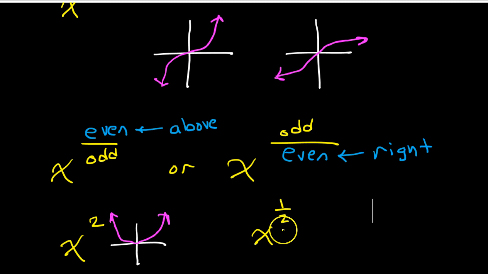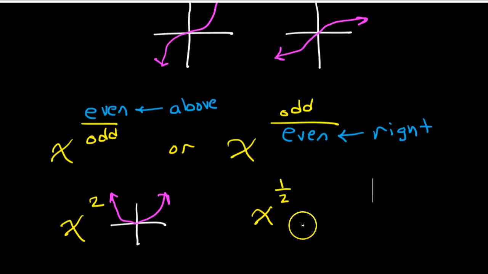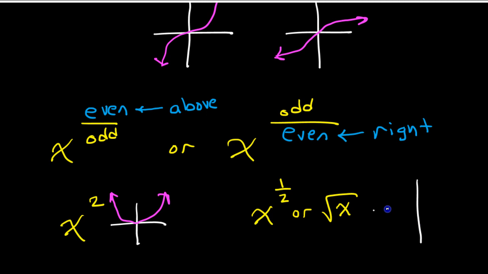Okay, x to the 1/2 power. Because I'm hoping that you know that x to the 1/2 power is really the same thing as the square root of x. All right, so when you have a number in the denominator, that's really a root. And think about the limitations on a square root function, or any even root. You can't take the square root of a negative number.